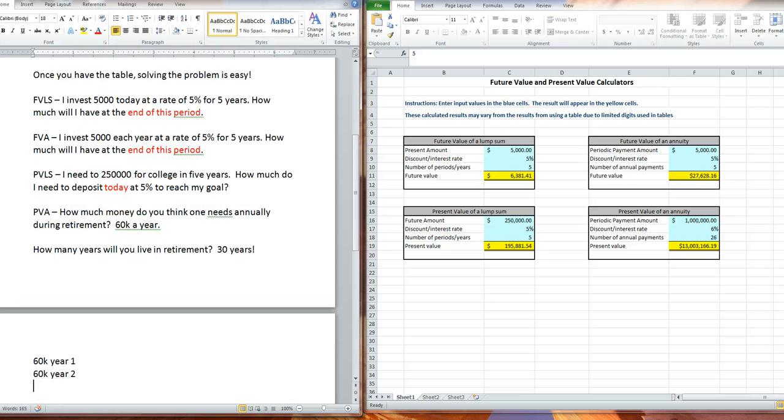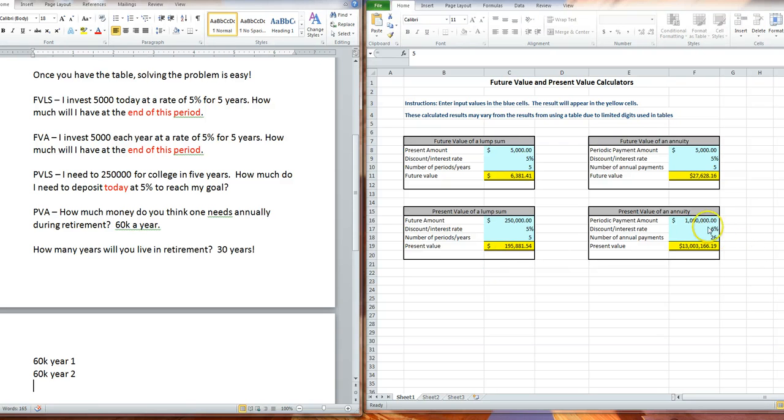So the question that we need to answer is, well, how much money was in our retirement account on the day we retired? So let's say I retired today, and then now this year I'm going to need $60,000, and next year, and so on and so on. How much money do I need to have in my retirement account so that I can take $60,000 out each year for the next 30 years? Well, I don't know. But if we use the present value annuity table, we can figure that out.